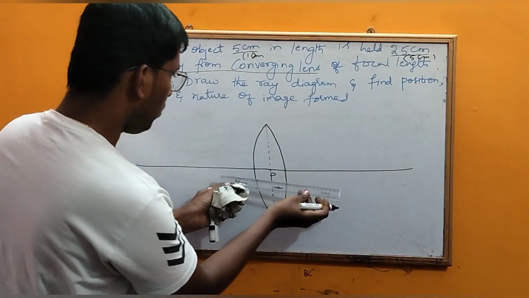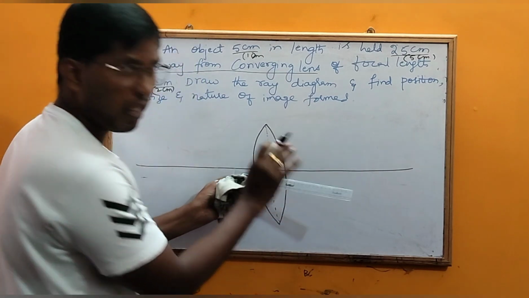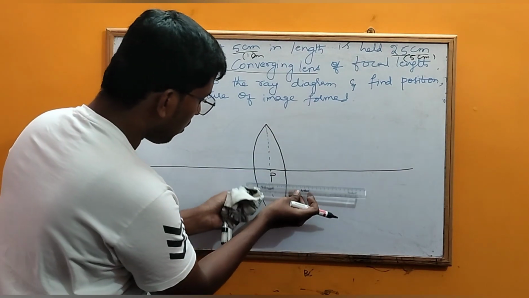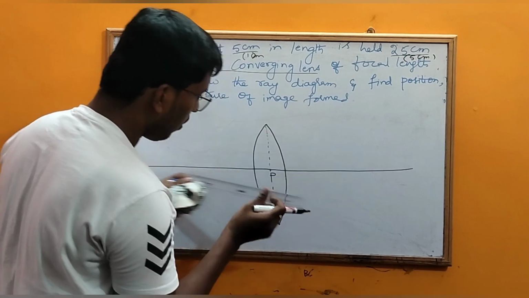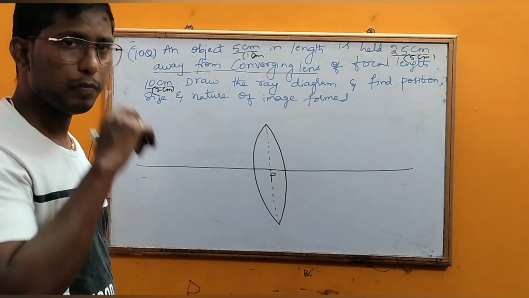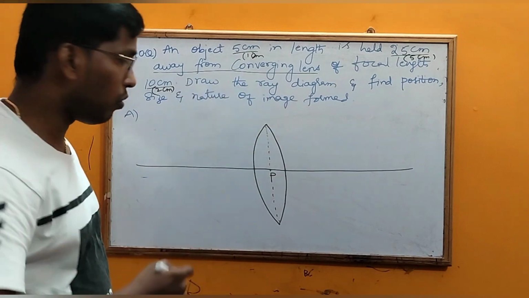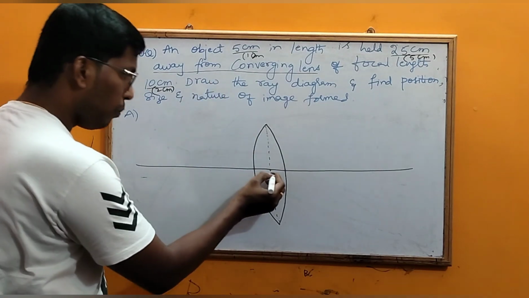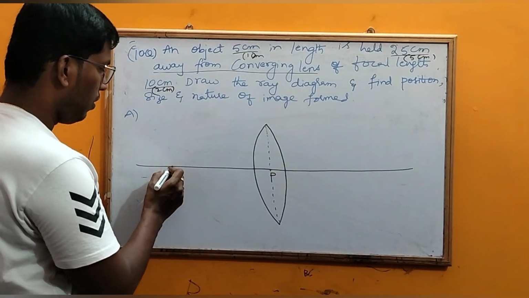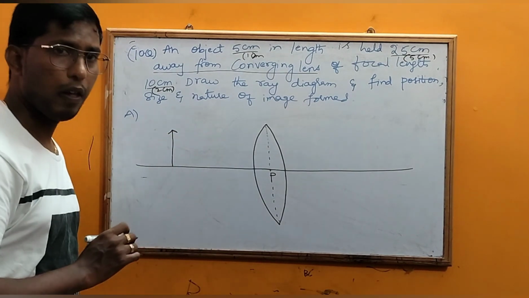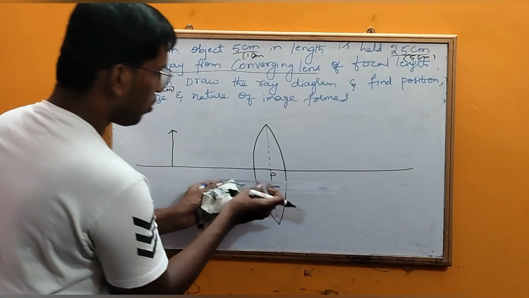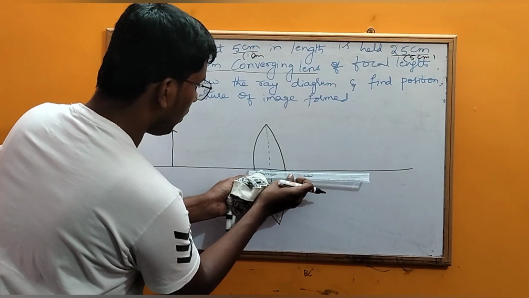So what I will do is, from the pole, the same thing you can even draw in your book also. From pole to 5 centimeter. Understood? Same thing you should draw in your book also. From pole to 5 centimeter, I will draw the object. Here actually 5 centimeter I will get here only.